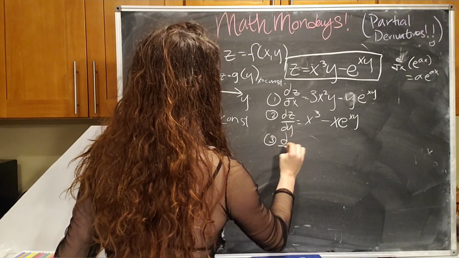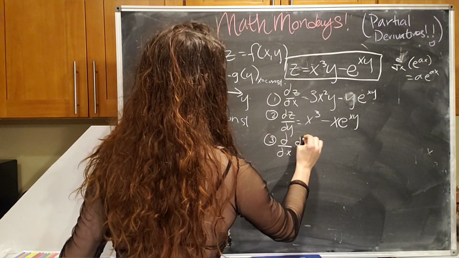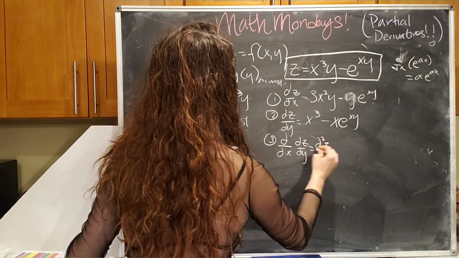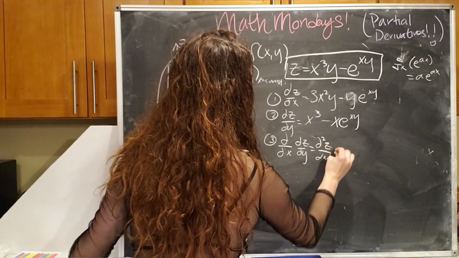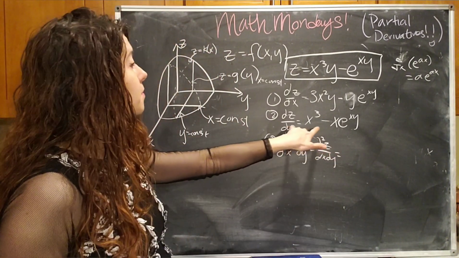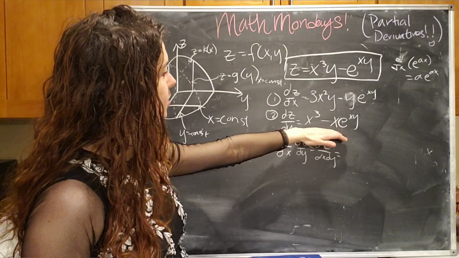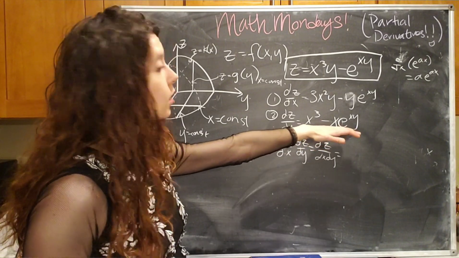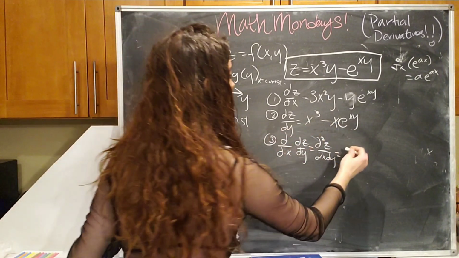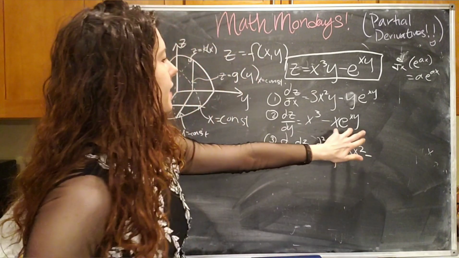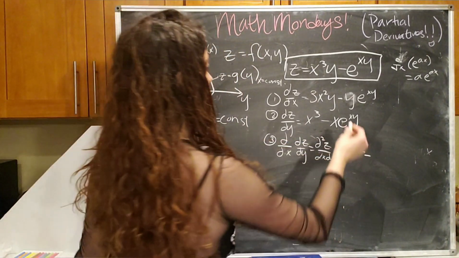So first, let's do d dx of dz dy, which is going to give us d squared z dx dy. And so we start from this equation, and we take the partial derivative of this equation, holding y constant. So what we're going to get is 3x squared minus, and then for this one we have to use the chain rule.